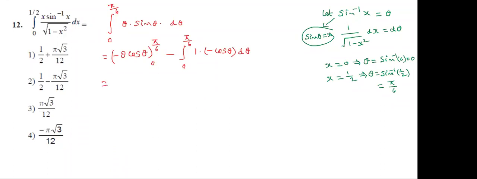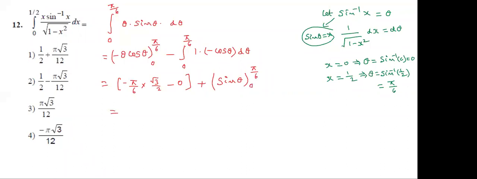So substitute the upper limit: minus pi by 6 cos pi by 6, what? Root 3 by 2, minus the lower limit, you will get 0, minus into minus plus integration of cos theta, that is sine theta, limits 0 to pi by 6.